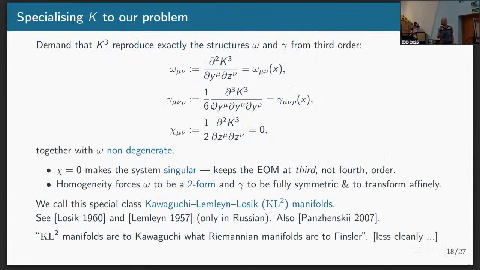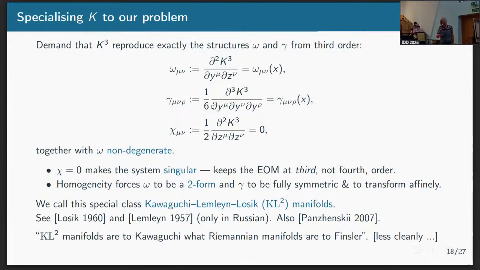And it turns out that, starting from what we've seen for Finsler, you have to define these structures coming from your Kawaguchi function in such a way to obtain our system.